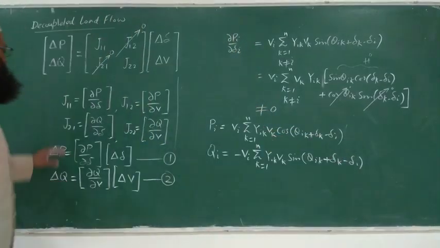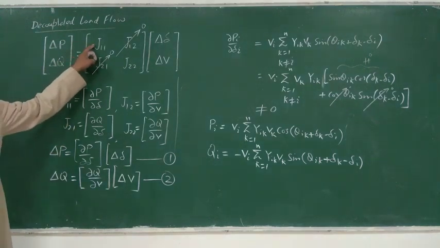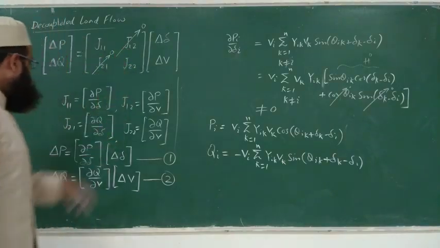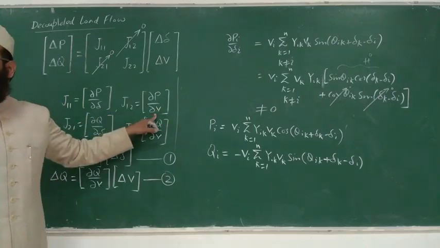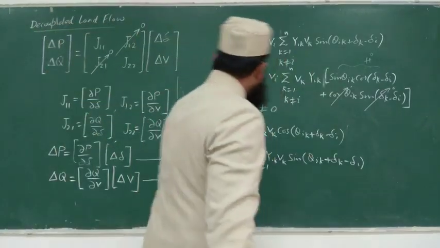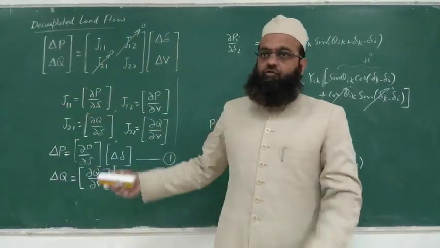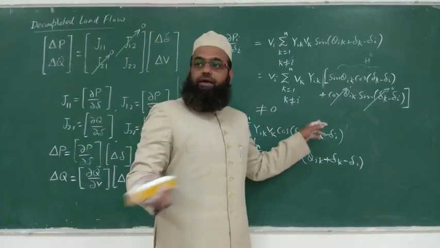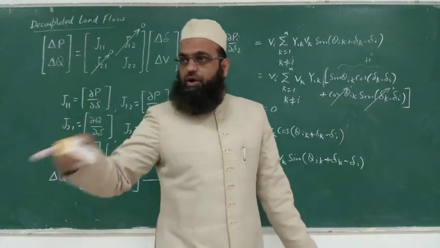So we have seen that this is not equal to 0, this is not equal to 0. Now the next target is to show that this will be equal to 0. What is this? J12 is ∂P/∂V. Clear to you? Yes. Using a similar procedure, this derivation is already there in the Newton-Raphson method of load flow lectures. From there you can substitute the values, G_ik equal to 0 because we have assumed it is nearly equal to 0.